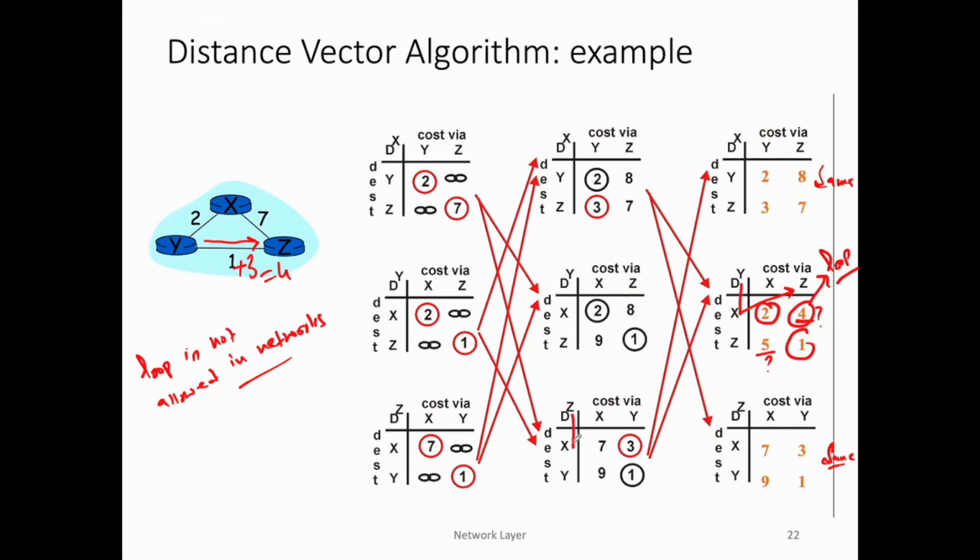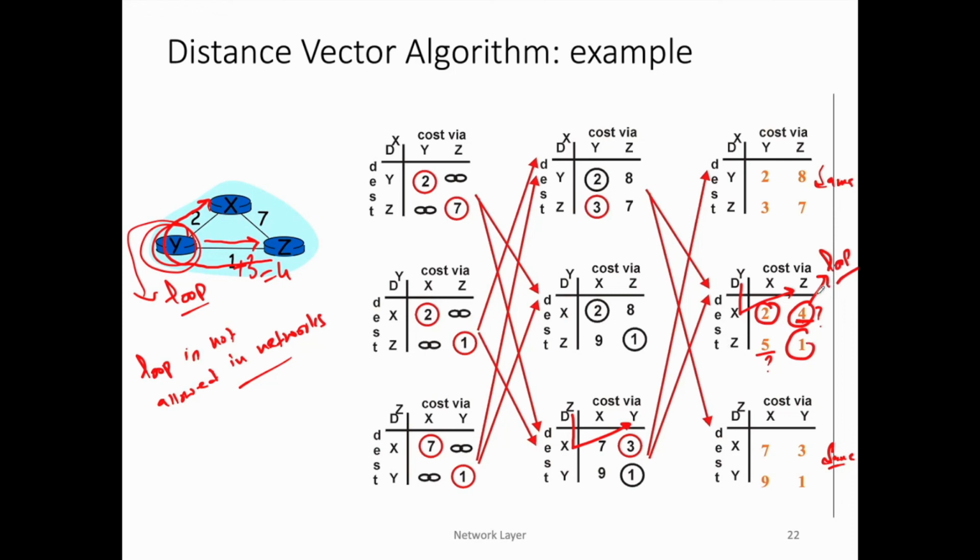The least cost is via Y. So Z will again send this message to Y, and via Y it will go to destination X. So there is a loop here. This packet is visiting Y more than once, creating a loop, right?